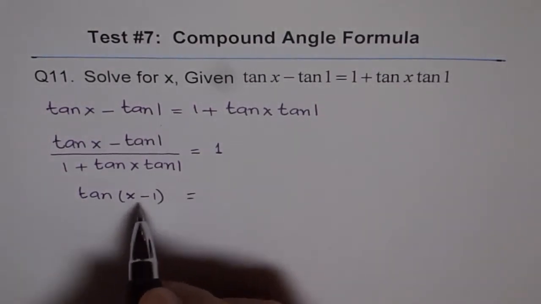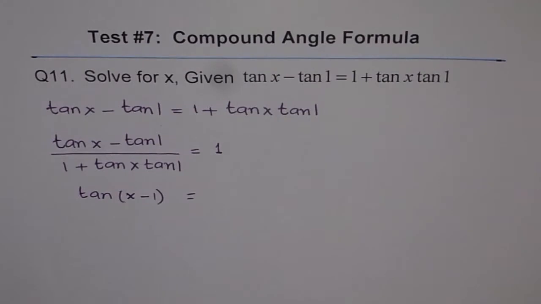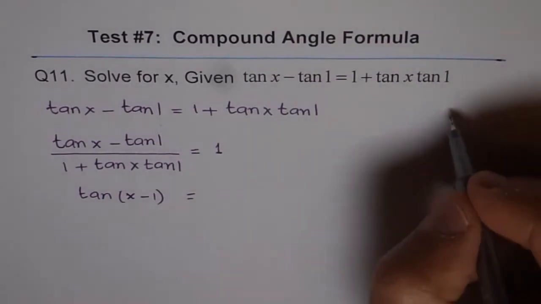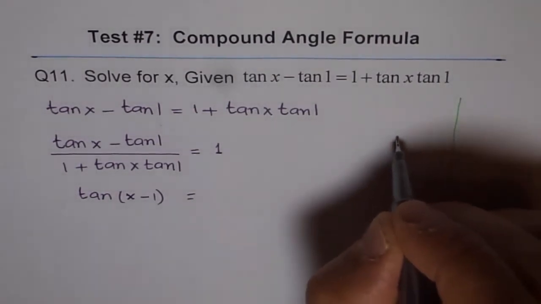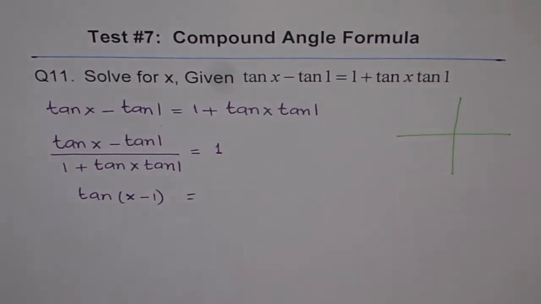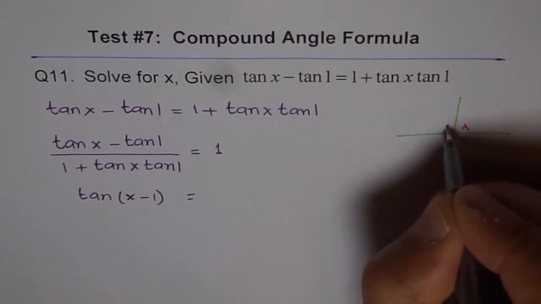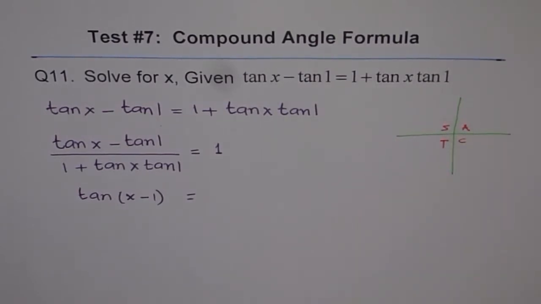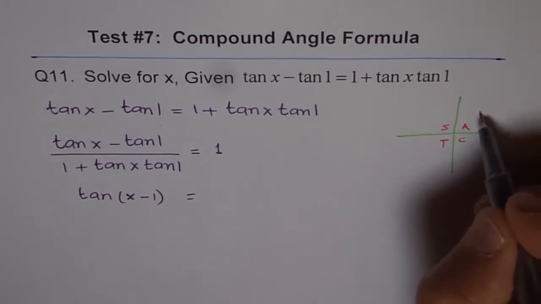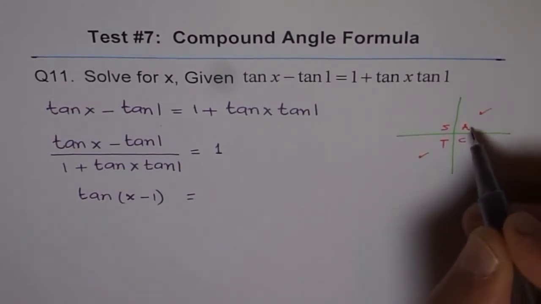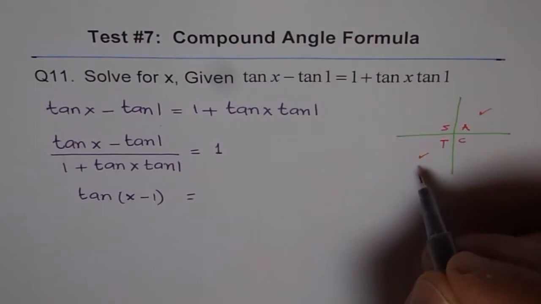Now on the right side we have 1. When will tan of x minus 1 be 1? This is what you have to decide. So let's look into the tan function. Two things we need to see. One is the CAST rule. That tells us that we are looking for a positive value, positive 1. So tan is positive in these two quadrants: all are positive in the first, and tan is positive in the third quadrant.